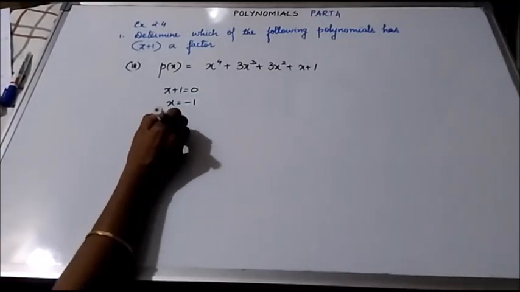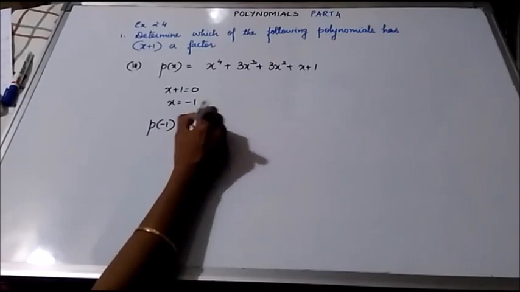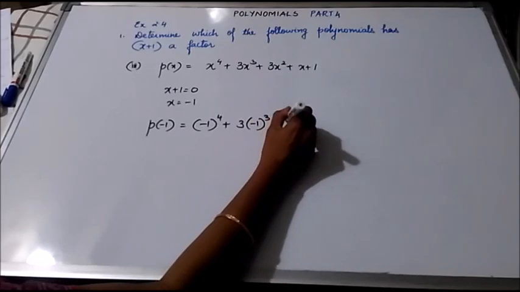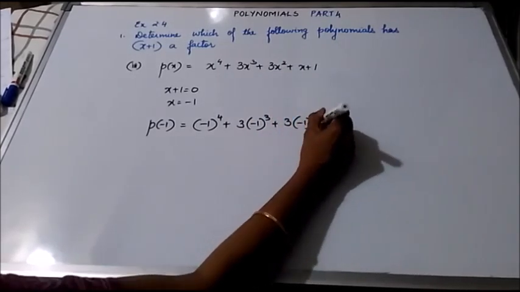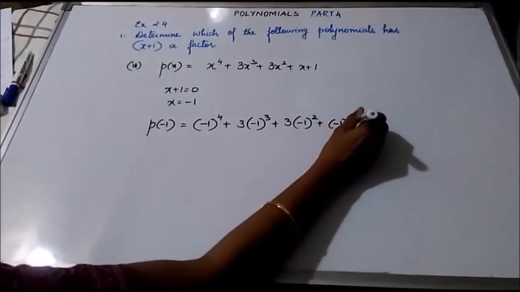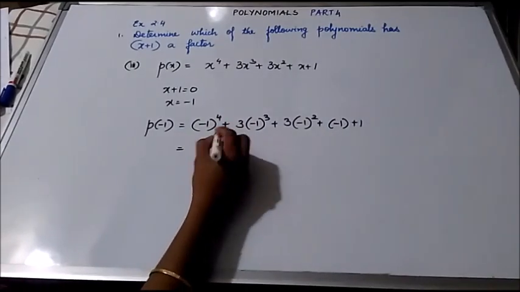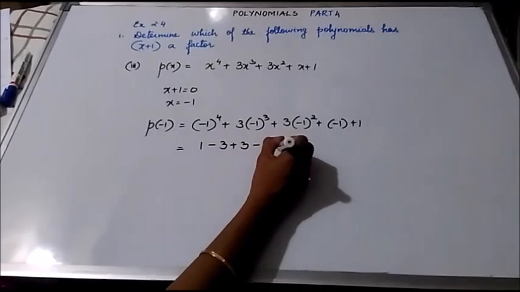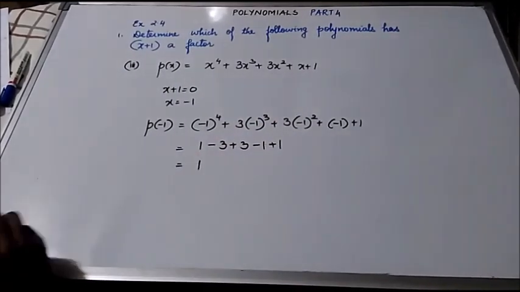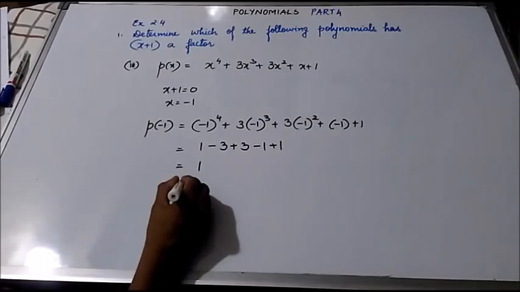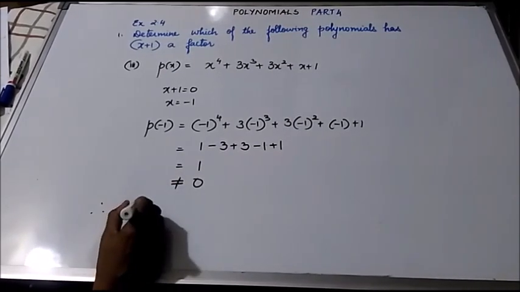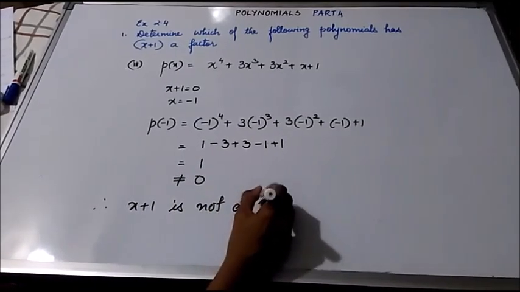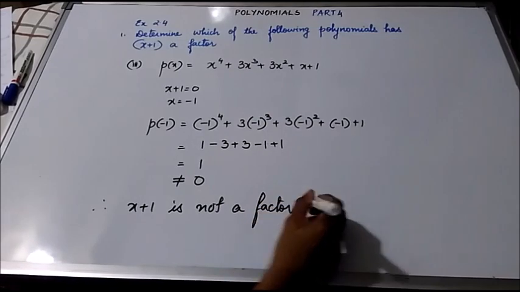Then we find p of minus 1 is equal to (minus 1) the whole raised to 4 plus 3 into (minus 1) the whole cube plus 3 into (minus 1) the whole square plus (minus 1) plus 1. This will give us 1, this will give us minus 3 plus 3 minus 1 plus 1. Here also the answer is 1. Now once again we see the remainder is not equal to 0. Therefore, x plus 1 is not a factor of the given polynomial.